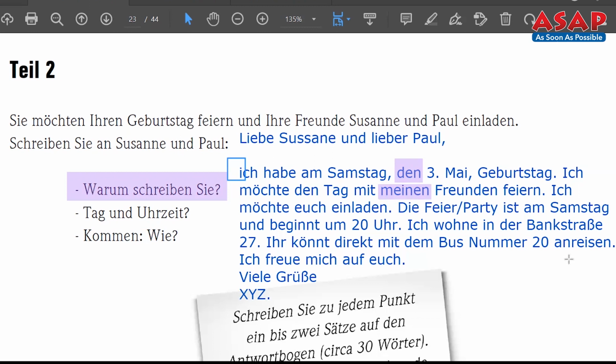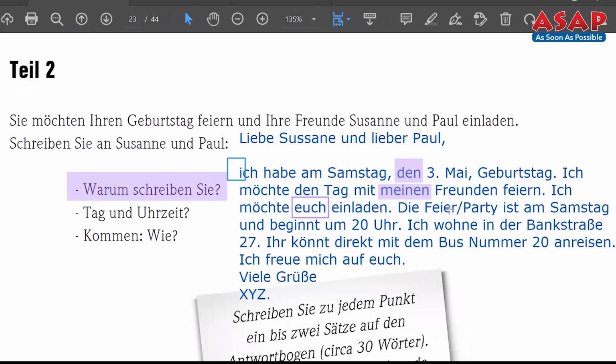As I told you, it is in ihr form, so pay attention to things like euch. So here the first point is covered: Warum schreiben Sie? I have a birthday, want to celebrate with my friends, I want to invite you. Then also you told the date when your birthday is.